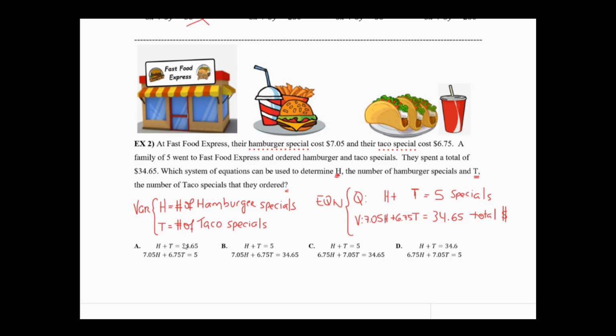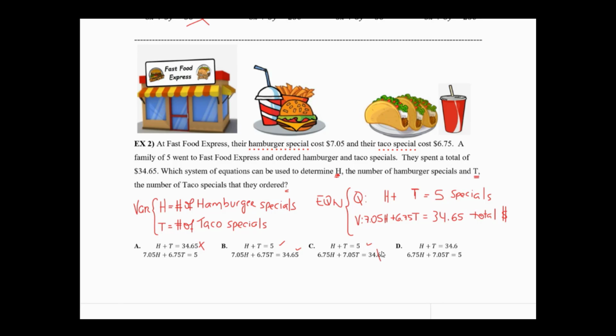And what we have to do is identify here are the multiple choices. If you notice, the first one is wrong because we're looking for h plus t equals 5. So we know that this one is good. But on the second one, let's check it out. That matches. So that's good. The third one here, this is matches, but here, if you notice, classical example, they switch the value.